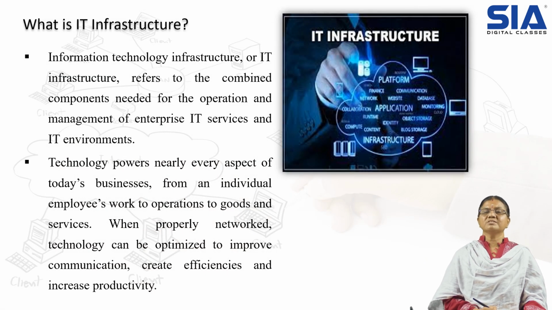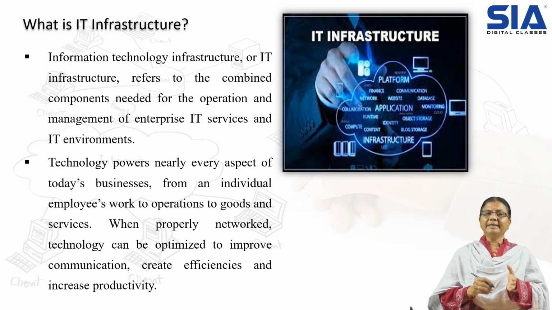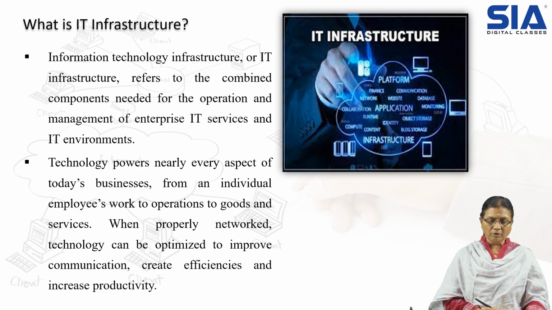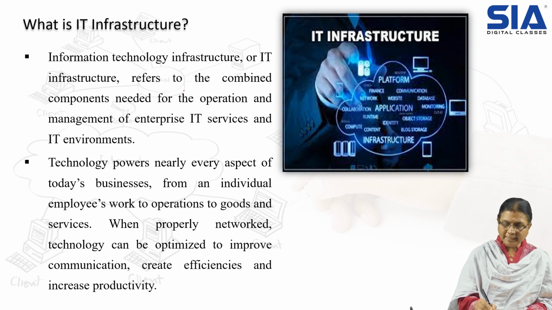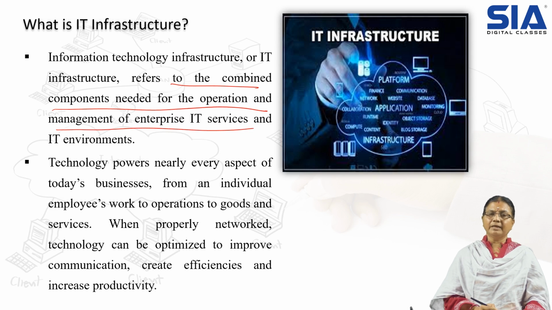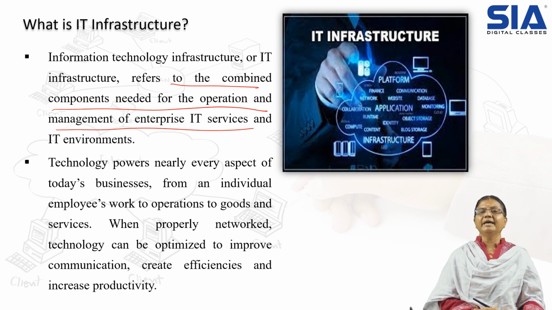Then coming to infrastructure. In general, we understand infrastructure as the facilities or arrangements made, or sometimes the assets or properties. Here, it means the components or resources required to facilitate IT and make it run smoothly. Information technology infrastructure, or IT infrastructure, refers to the combined components needed for the operation and management of enterprise IT services and IT environments.